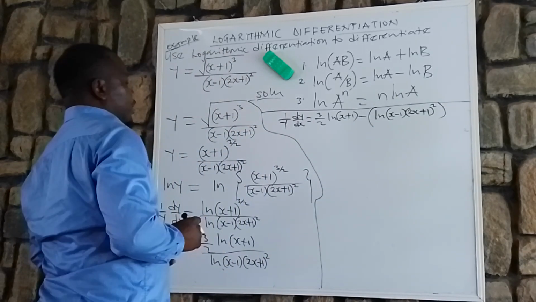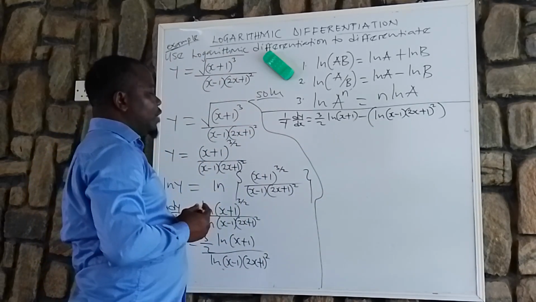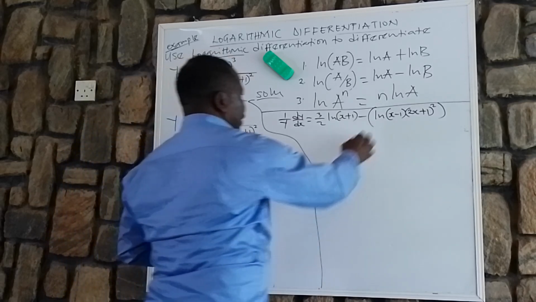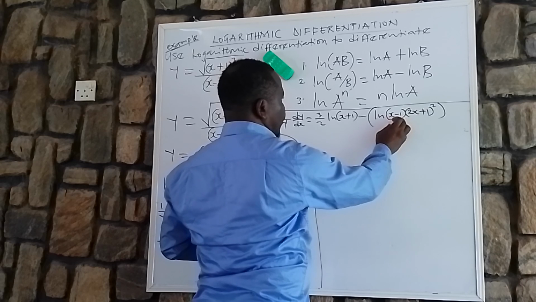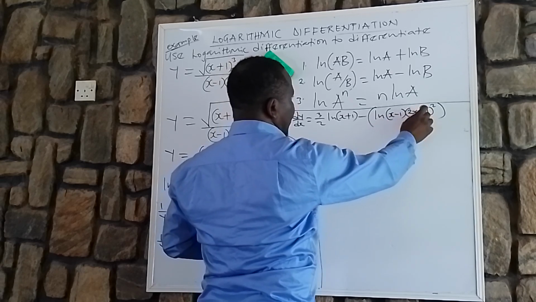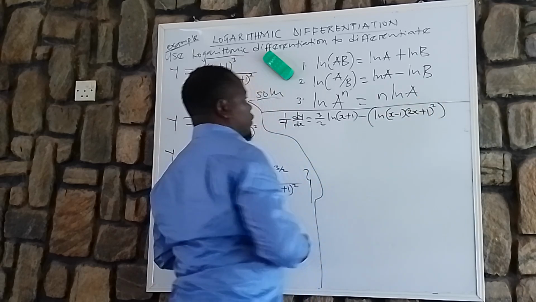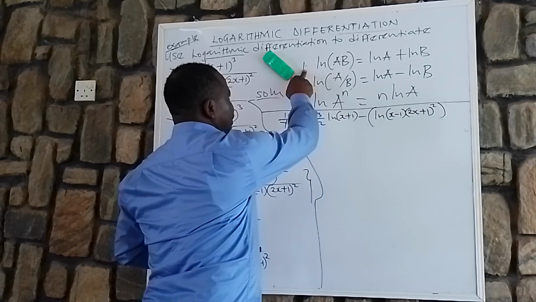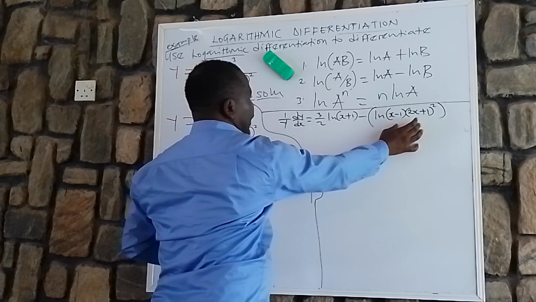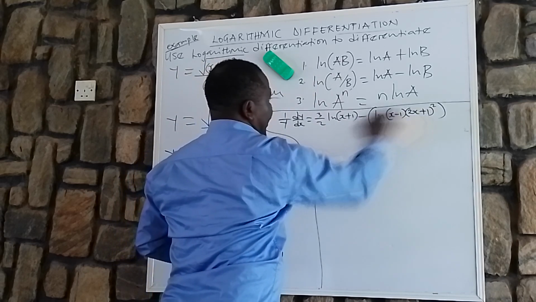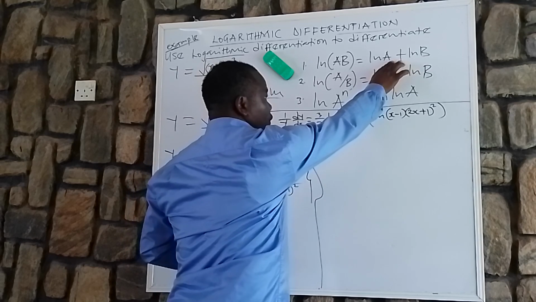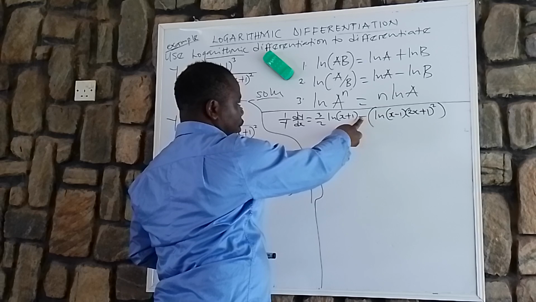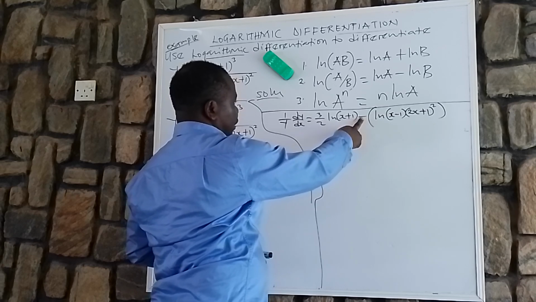If you can see what I am saying, look at this. We have ln (x - 1) times (2x + 1) raised to the power of 2, two of us. So now we are going to use the first law here. It means we are going to simplify this way. Make sure this negative sign, don't rush to open the bracket. Is that clear?